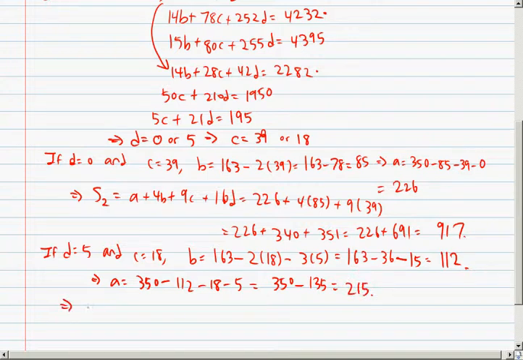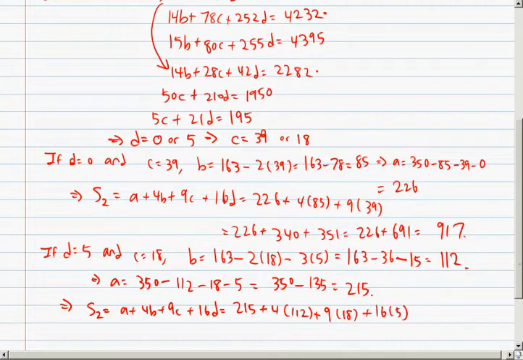And these four values of a, b, c, and d will give us S2 equal to a plus 4b plus 9c plus 16d, which is 215 plus 4 times 112 plus 9 times 18 plus 16 times 5.